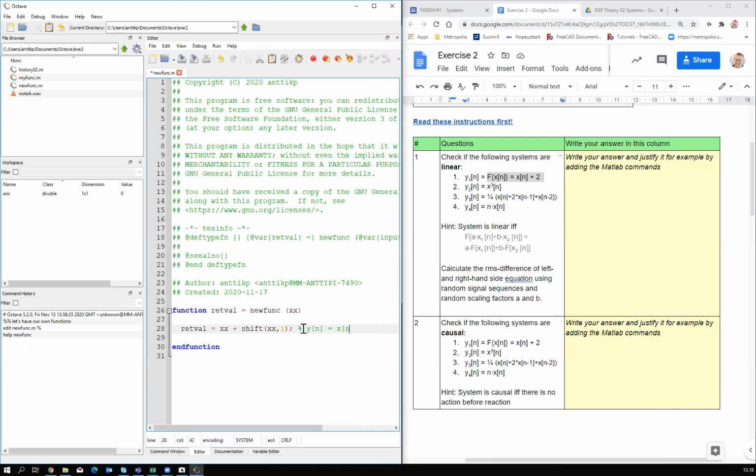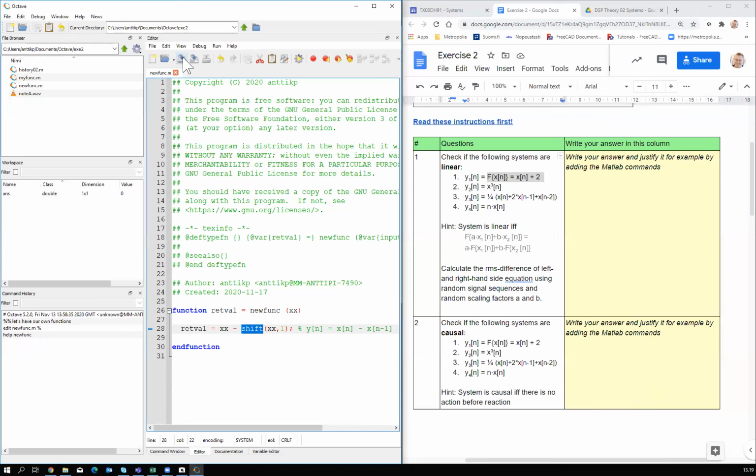Let's make it a little bit more interesting: minus x[n-1]. So this is a running difference. On the other hand, when you shift it, I think this shift actually does a rotation shift. So the last one becomes the first one. Or was it the first one becomes the last? Yeah, the first element will be moved into the last element. So this is a rotation shift.